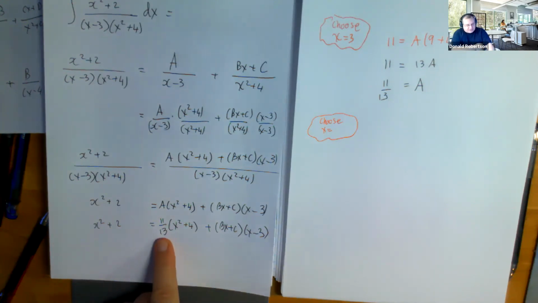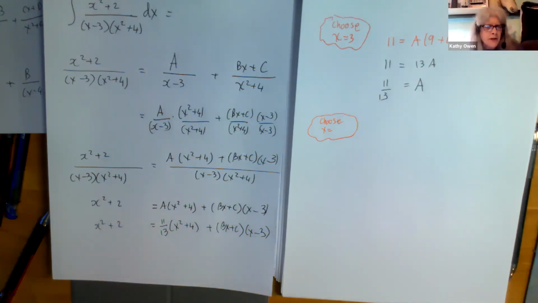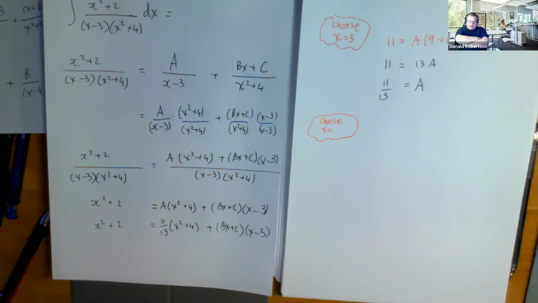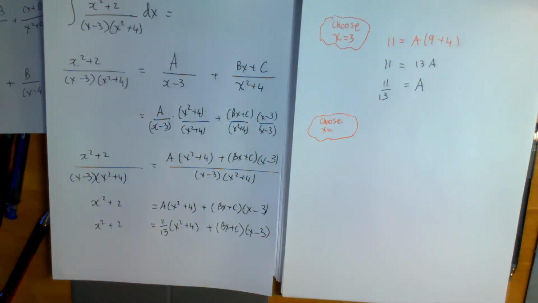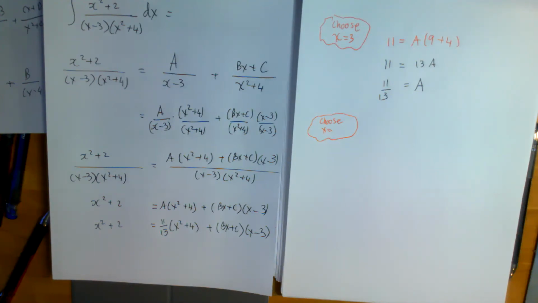I've already replaced A by what it's worth. Okay, time to think. I need an x. Do we distribute that A and then subtract both of those to the other side so we can figure out what x is going to cancel out? I wouldn't choose to do that, Kathy. I'm not saying it might not work, but picking an x is going to make it much easier. Just picking the right x is the problem.